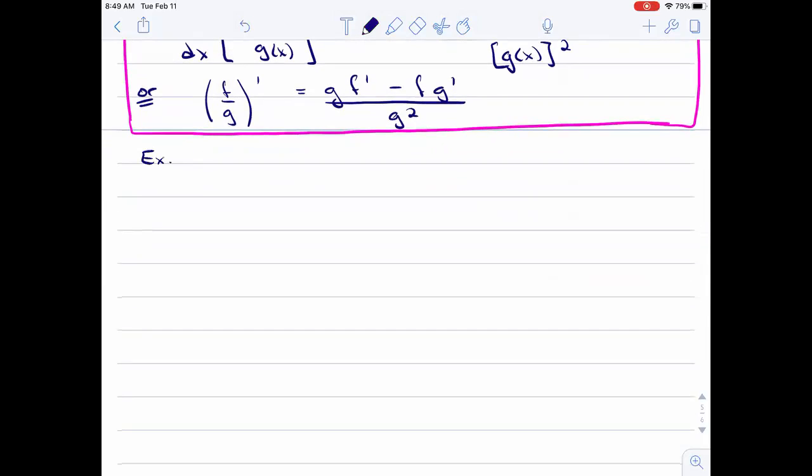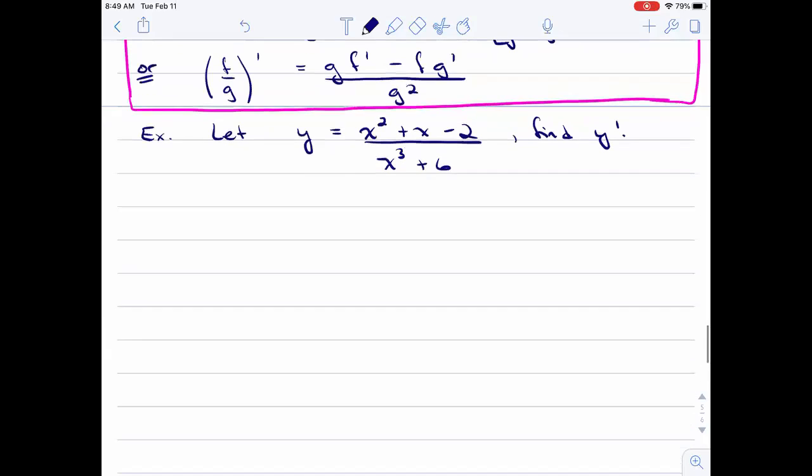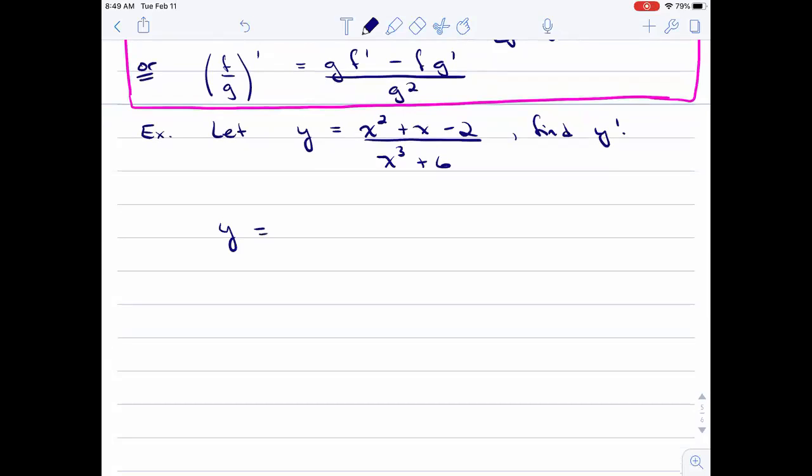Let's do an example. If we let y, we've been using f of x, y and f of x are the same, right? So if y is x squared plus x minus 2 over x to the 3 plus 6, find y prime. So I'm going to break this down.